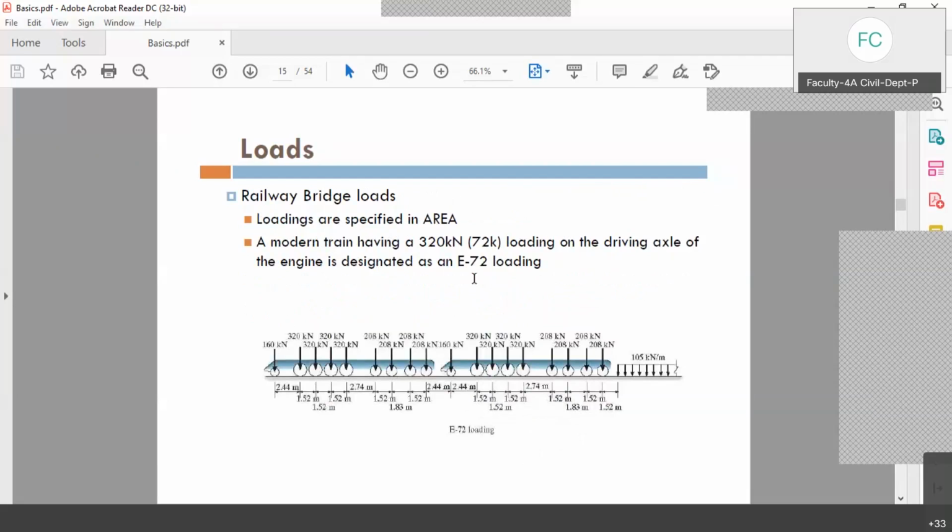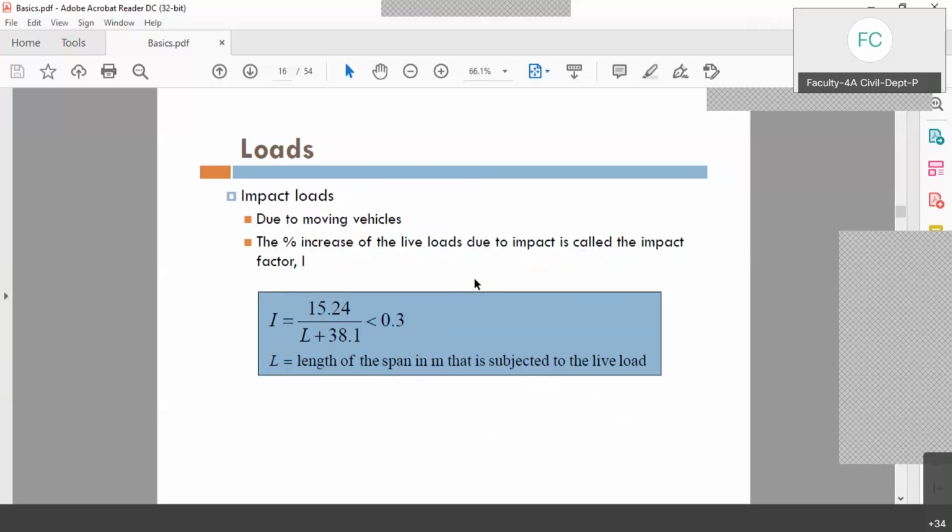So loading depends upon the modern train, considered to be 320 kilonewton, which is acting as an axle of the engine. And then there is the impact load. Why? Because of the moving vehicles, there can be an impact on the structures. So impact loads also sometimes come under consideration.